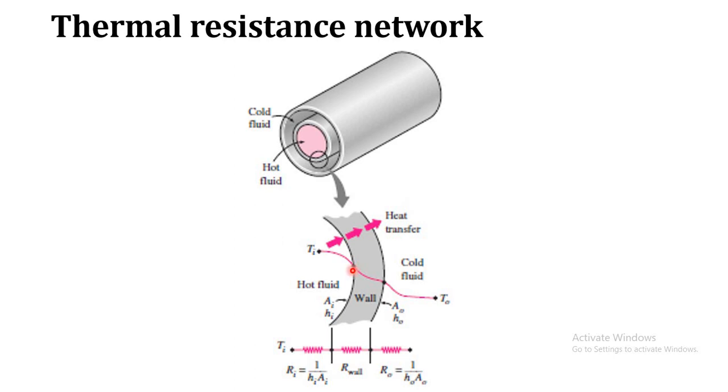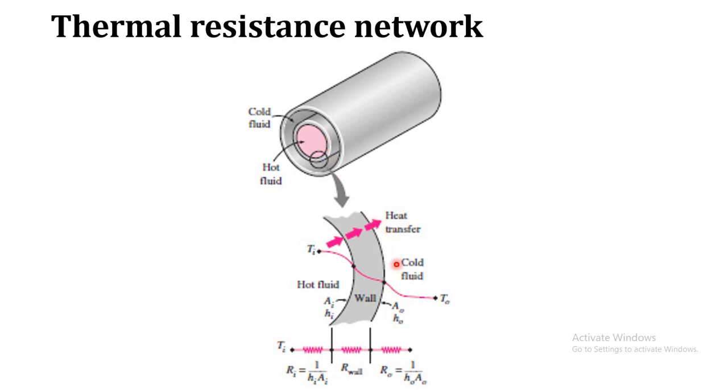Here you can see there are three modes of heat transfer. One is convection heat transfer from the hot fluid to the inside surface of the inner tube, then conduction heat transfer through the thickness of the tube, and another convection heat transfer from the outer surface of the tube to the cold fluid.